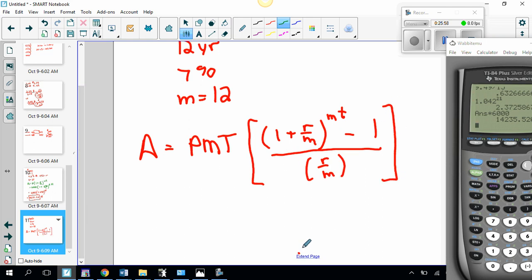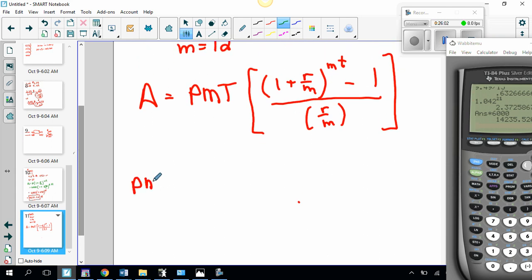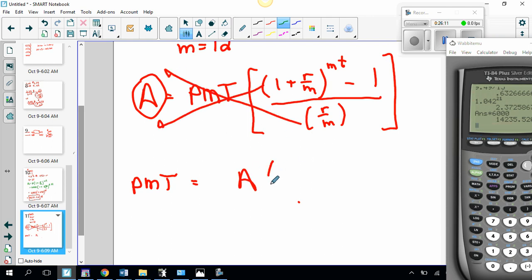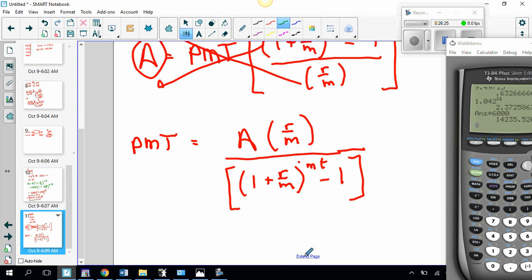It may be best on your note card to write your PMT formula as you got A, and you cross this up there and cross that down there. So R over M over 1 plus R over M to the MT minus 1, and that's your payment formula.